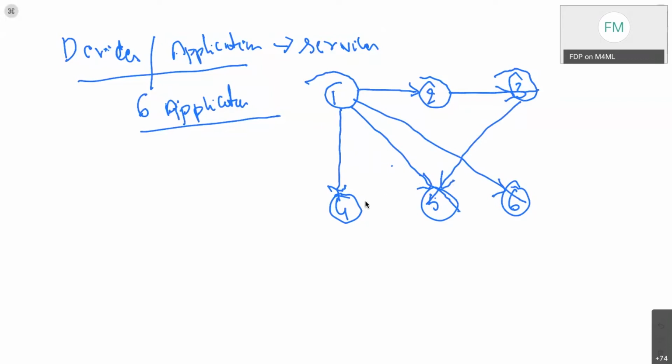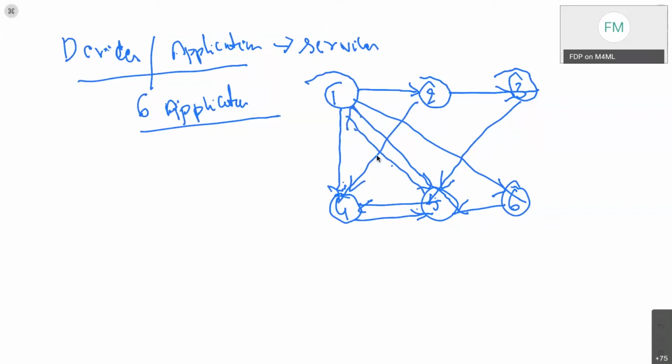Here 5 is similarly linked with 4, 6 is interlinked with this, and 2 is interlinked with 4. Similarly, 5 has another interlink.